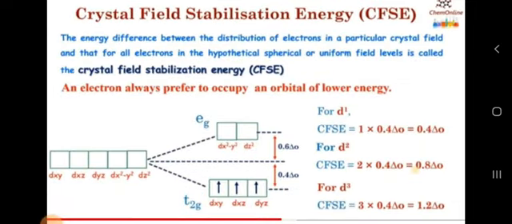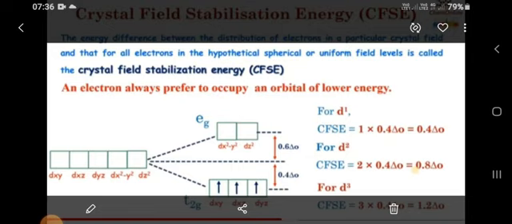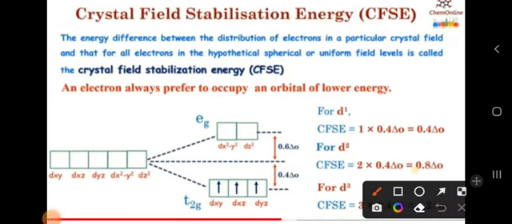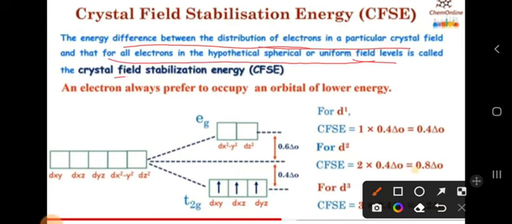So now we are having crystal field stabilization energy. So what is crystal field stabilization energy? The energy difference between the distribution of electrons in a particular crystal field and that of all electrons in a hypothetical spherical or uniform field level we call crystal field stabilization energy.